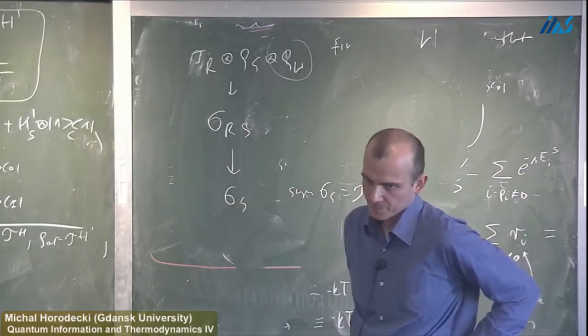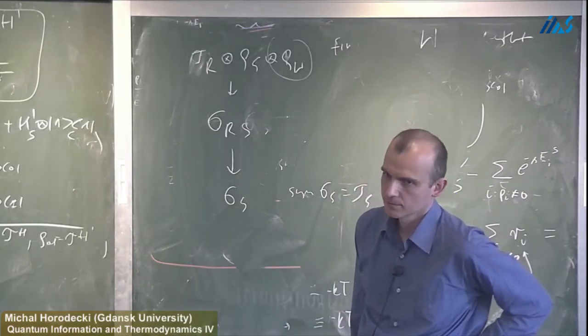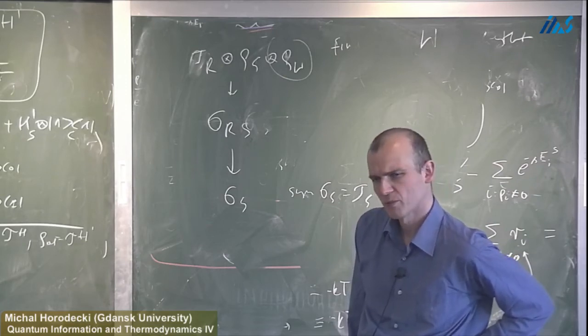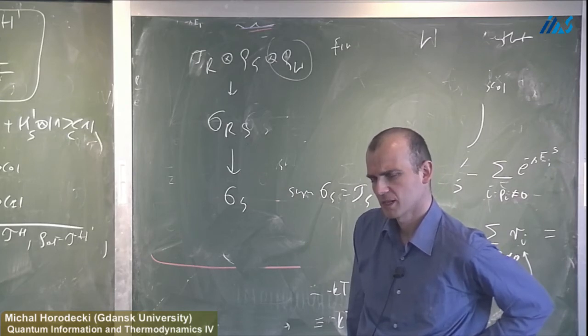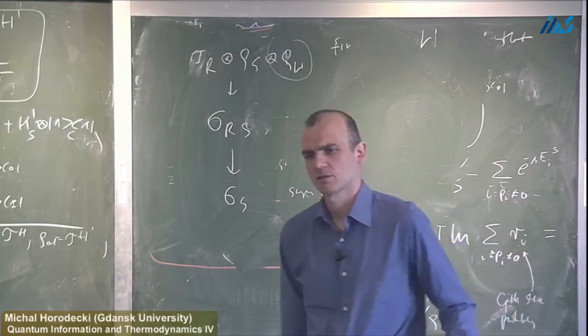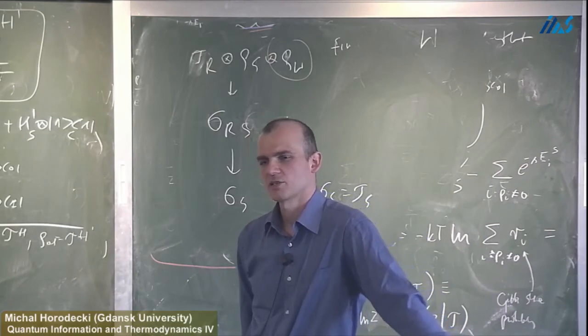Then can I just say that removing a certain state, or tracing out a certain state, actually changes the total energy? Removing changes how? I don't see. I mean, the thermalization changes. Why does thermalization change it? The total energy is well.